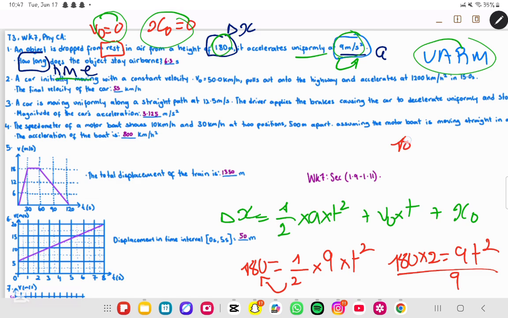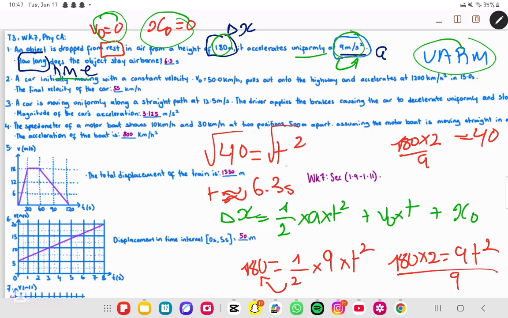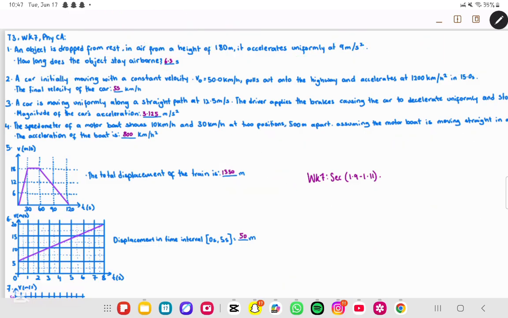So 180 times 2 over 9 is equal to 40, right? So 40 is equal to t squared. That means very simply, t is equal to radical 40, which is approximately 6.3 seconds. So it stays airborne for 6.3 seconds.